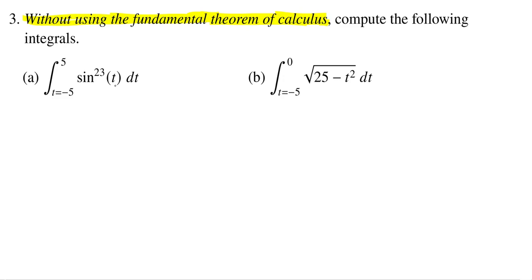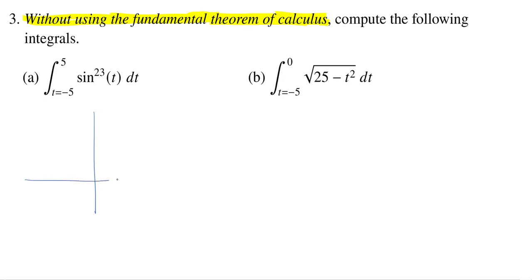So instead, we want to use properties of these two functions, as well as our interpretation of an integral as just giving us the accumulation of the function. So let's start with sine to the 23rd power, and note that the bounds here go from -5 to 5.